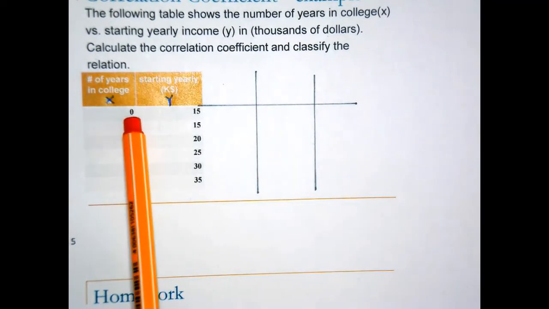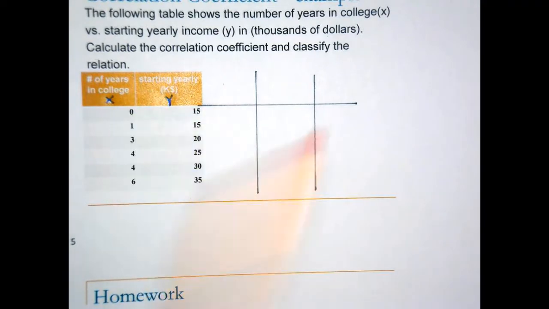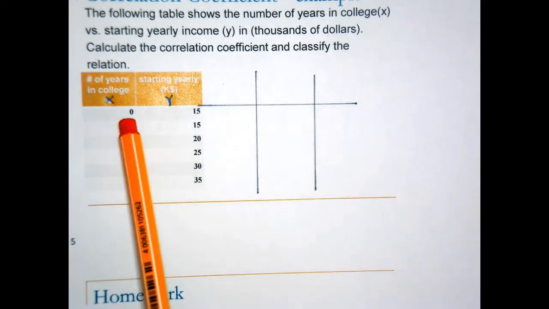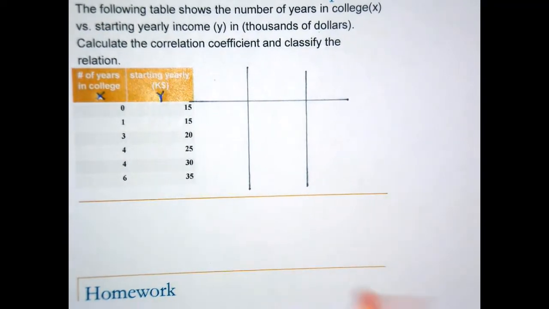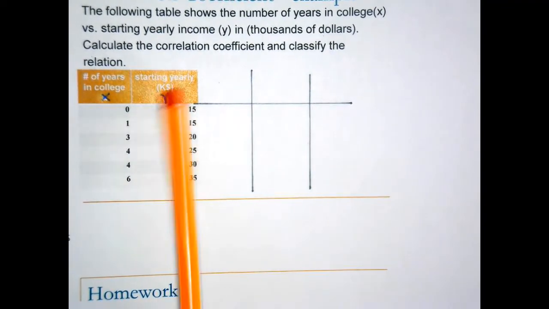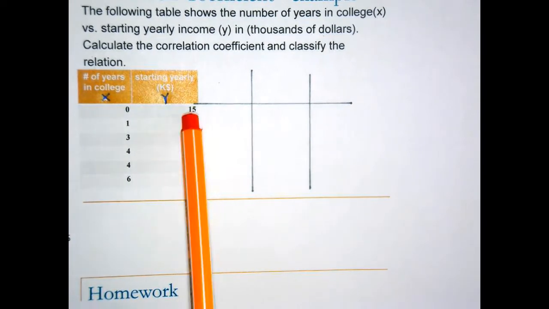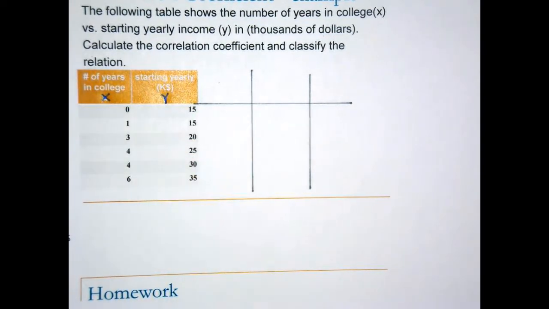So 0 means someone who will go and find a job with no further education after school, and so on and so forth. This information is given to us in K dollars, so like $1,000: 15,000 or 20,000 or 25,000. We are going to find Pearson's R, or the correlation coefficient, and also use it to classify our relationship.